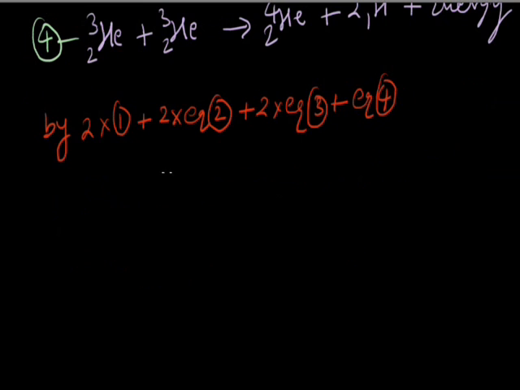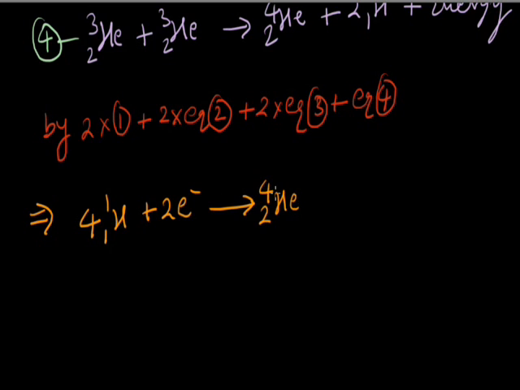By 2 into equation 1 plus 2 into equation 2 and so on, the following combined equation: 4 protons and 2 electrons give the helium nucleus plus neutrino plus gamma particles plus 26.7 mega electron volt energy.